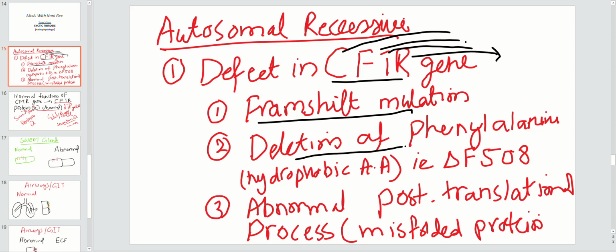Two, you have a deletion of the phenylalanine amino acid, which is hydrophobic, presented as F508. Third, you have an abnormal post-translational process in which your protein becomes misfolded and cannot go to the cell membrane to do its job, right? Frame shift mutation, deletion of phenylalanine, or abnormal post-translational process. They can test this topic in various ways, right?